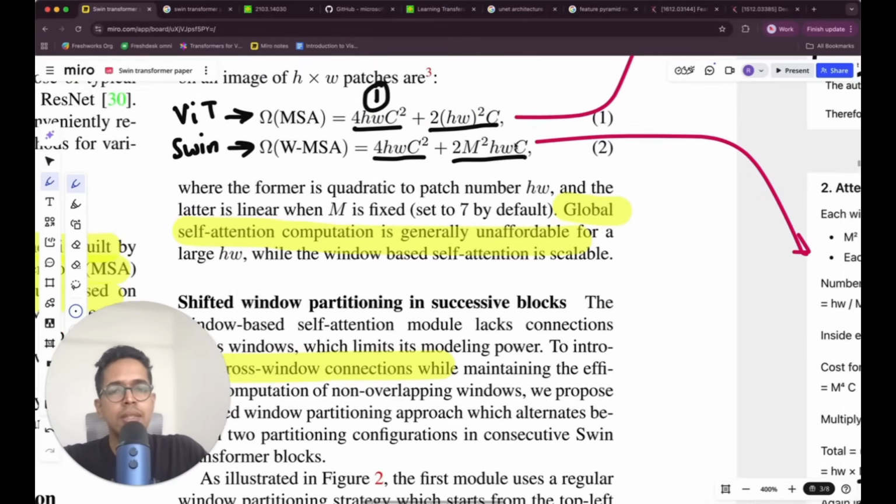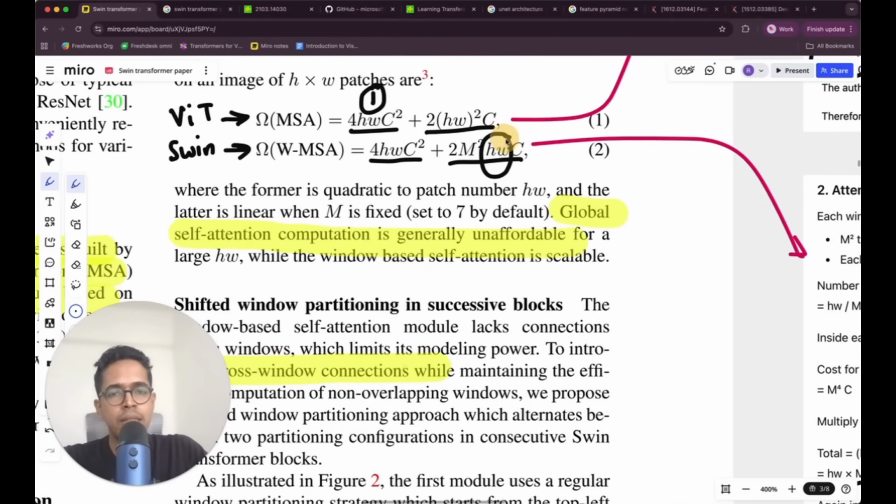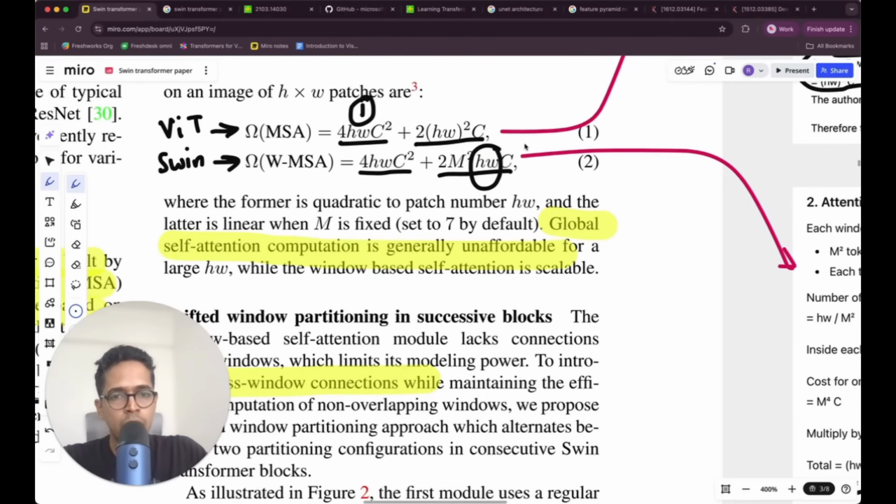And look at the scale. HW is the total number of patches, which is the same as the total number of tokens, which is proportional to the total number of pixels, which is the same as the total size of the image. So here you are scaling linearly with respect to the size of the image.